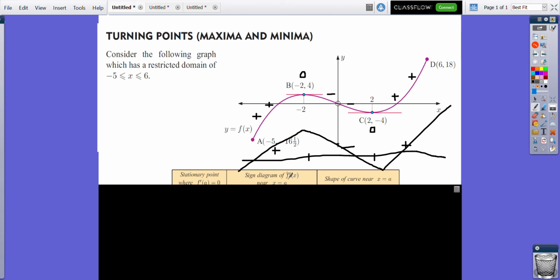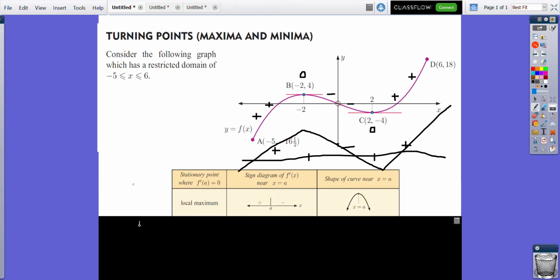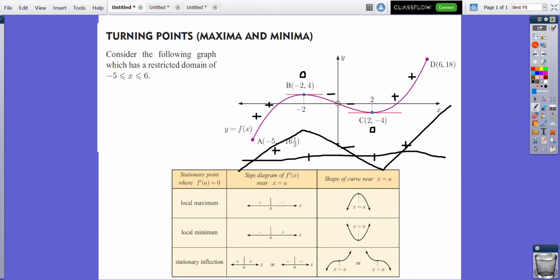Okay. Now what I want you to notice is that from the pluses here to the minuses, it's going up then coming down. Now, any maxima is going to have this same property, that it's going from a positive gradient to a negative gradient. And likewise, a minima is going to go from a negative gradient to a positive gradient. So in your books, you'll see this table here.